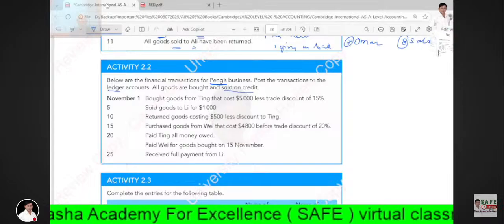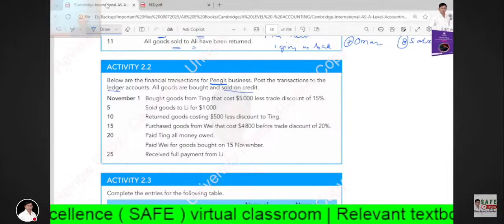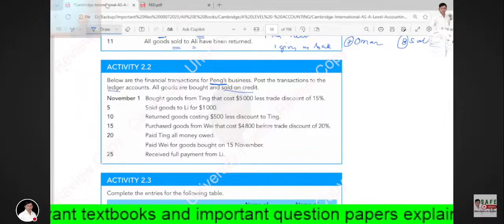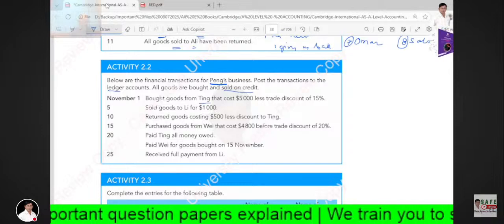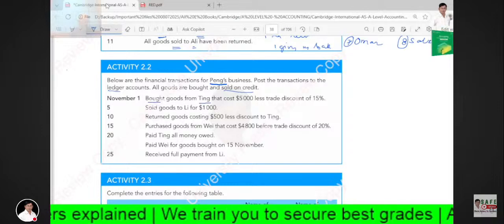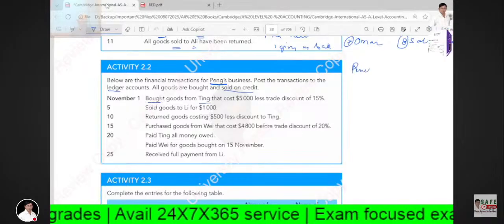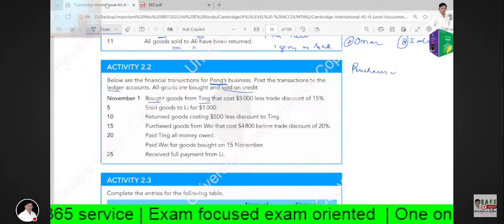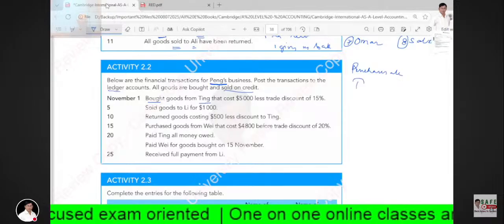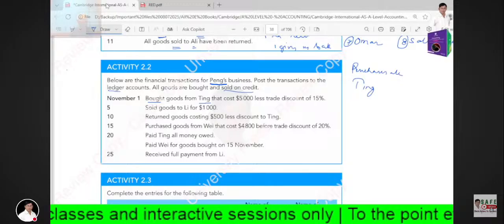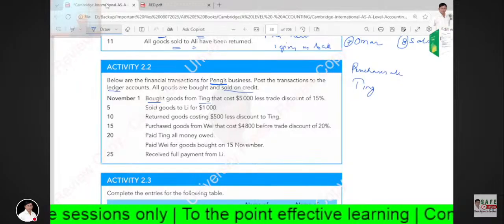So let us make the list of ledger accounts that we may have to create. Bought goods from Ting: purchases account and Ting account. Cost 5,000 less trade discount.